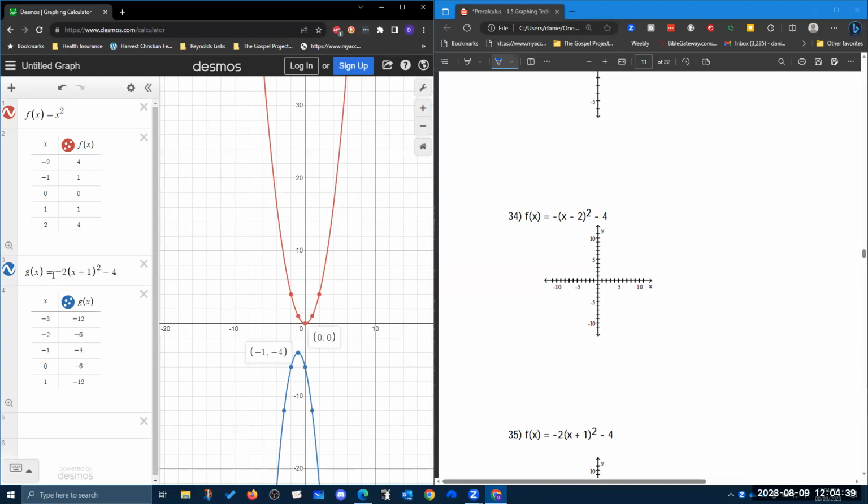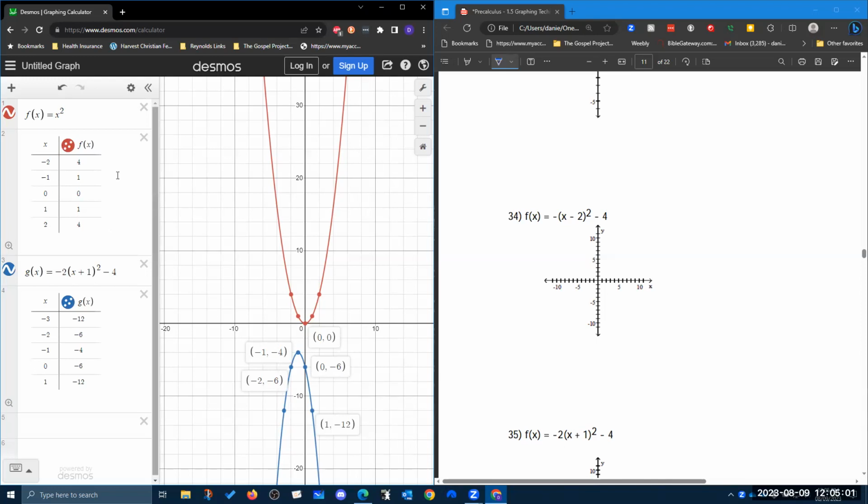Now we have multiplied all of our y values in our original by -2. So when I go 1 right, I should go 2 down. And I do. When I go 1 left, I should also go 2 down. And I do. When I go 2 right, I should go 8 down. And I do.